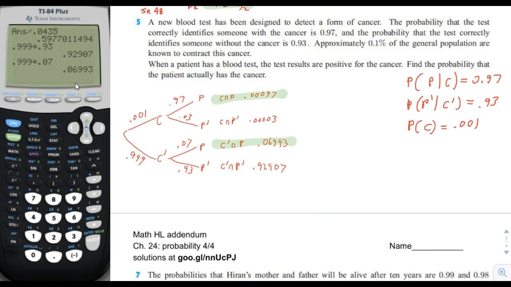And you can see that actually the probability that they don't have cancer is much larger than the probability that they have cancer relatively, right? So what's the probability that they actually have cancer given that they tested positive?